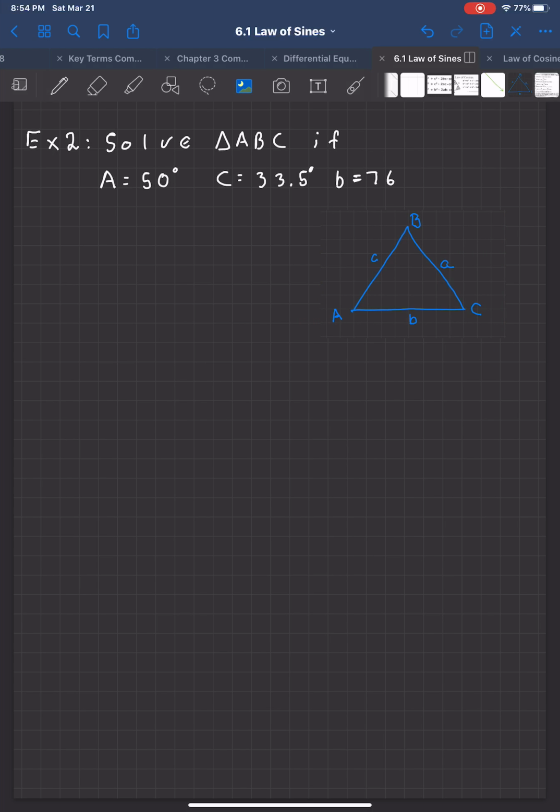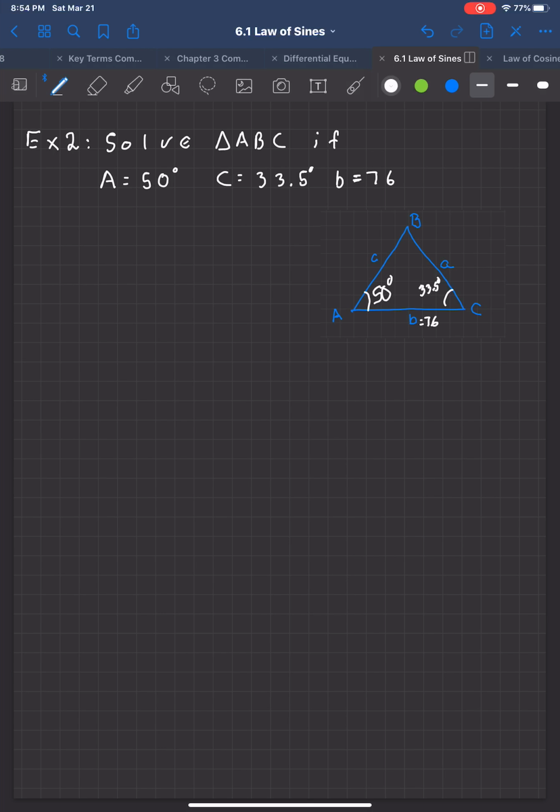Until you really get good at this stuff, just draw a triangle. It'll keep your work neat, and then label what you have. So angle A is 50 degrees, angle C is 33.5 degrees, and side B is equal to 76.